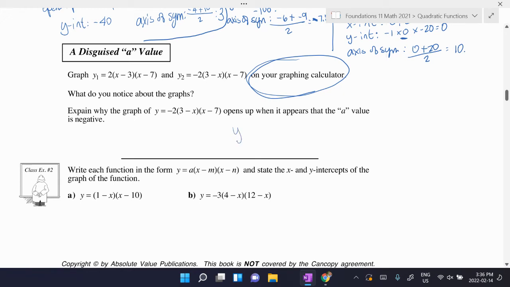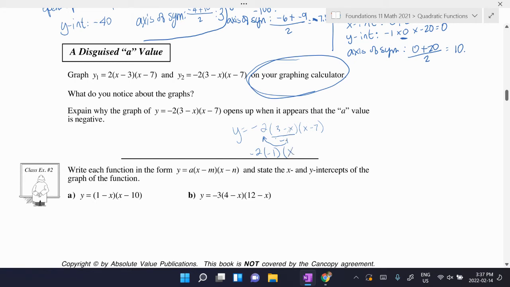So if I have y equals negative 2 times 3 minus x times x minus 7. For this, I'm going to divide this by negative 1, because I want to bring it out here. So negative 2 times negative 1 times this. If I divide by negative 1, this is going to be positive x.